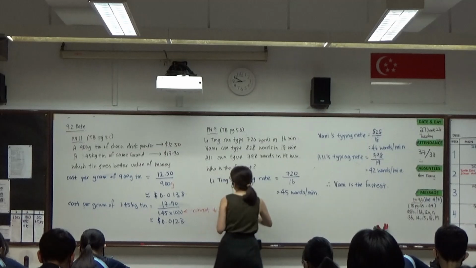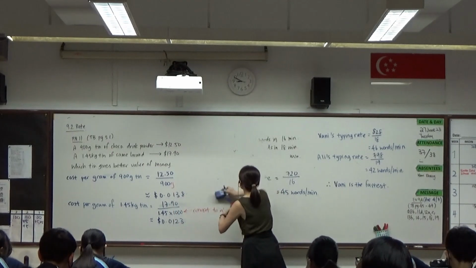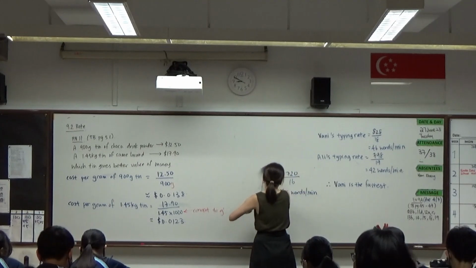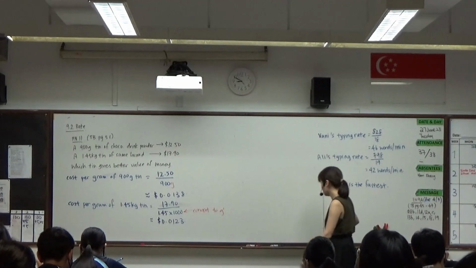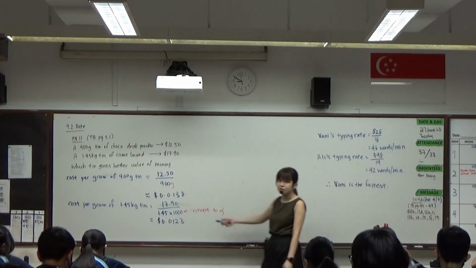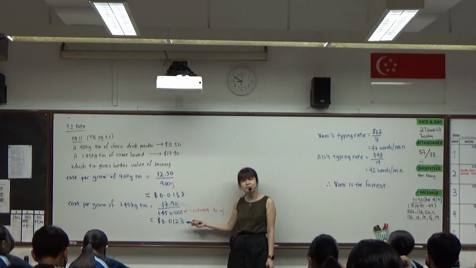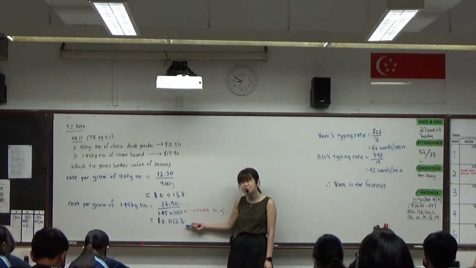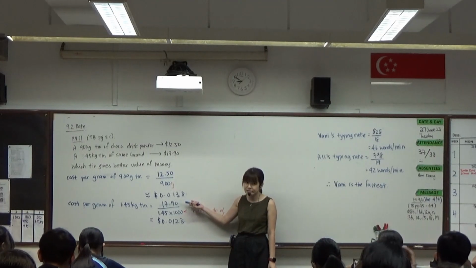Okay, so please don't copy blindly. Because if you make that mistake, I hope we can also all have the awareness that it doesn't quite make sense that this one ends up $12 plus, and then this one is about 1 cent per gram.